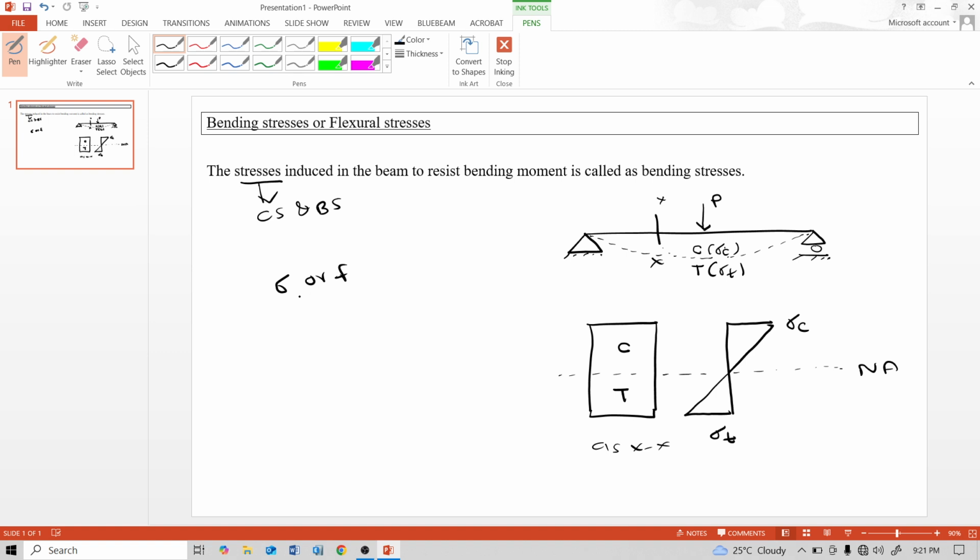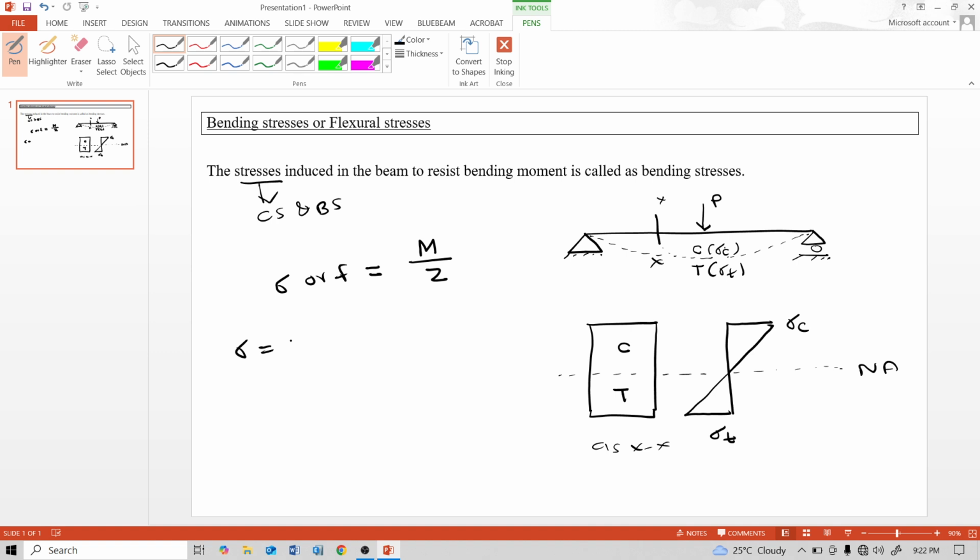Bending stresses or flexural stresses are denoted as sigma or f, and this sigma or f is equal to M by Z. This capital M is the moment of resistance, and this Z is the sectional modulus.